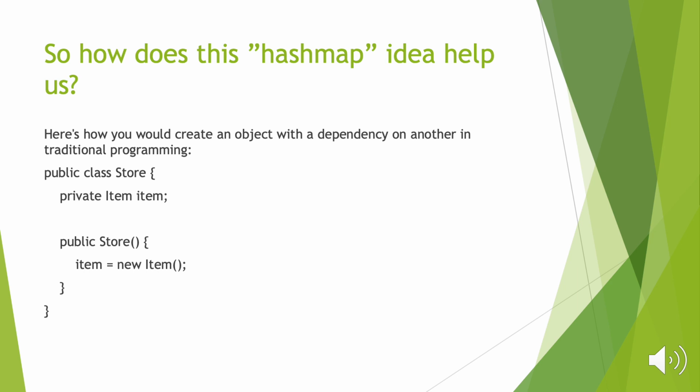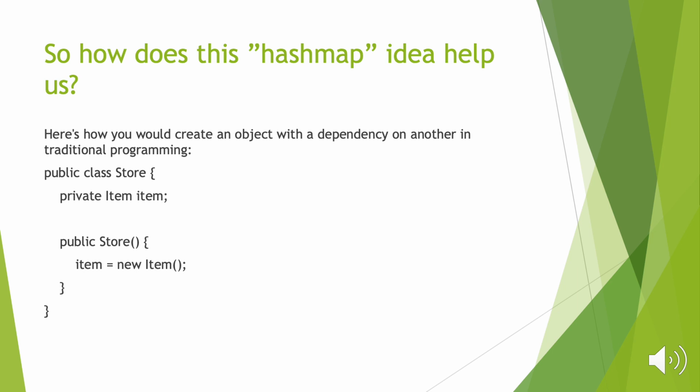Also, it's not testable in isolation. You cannot test the code that only has to do with the creation and handling of the store instance itself, as the creation of the item instance is implemented inside the store class itself. It's impossible to separate them.